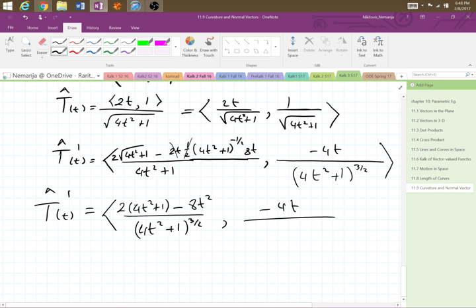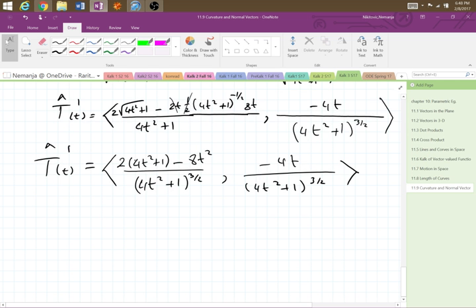At least they have the same denominator. So 4t squared, that's going to drop, so it's just 2. And on the second one, negative 4t.